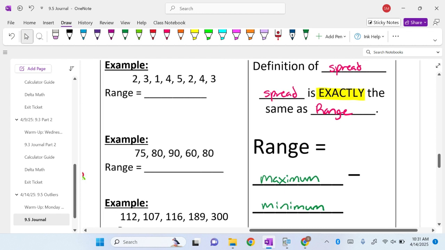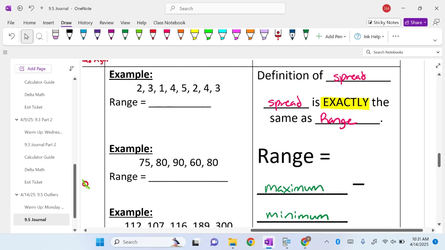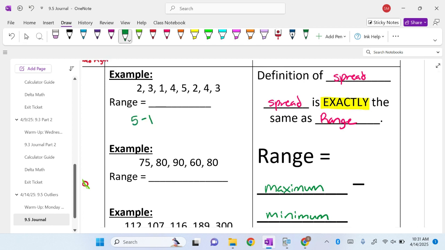For example, this very first one, how would I find the range? 5 minus 1, which is 4. So your range is 4, meaning there's about 4 appropriate numbers that could fit our data.